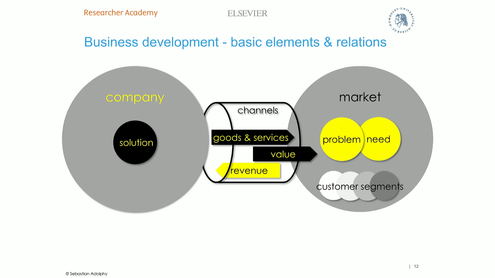So the market is not one big unified mass. There are different kinds of customers, and you can classify these customers into segments which will help you to provide your value more specifically.